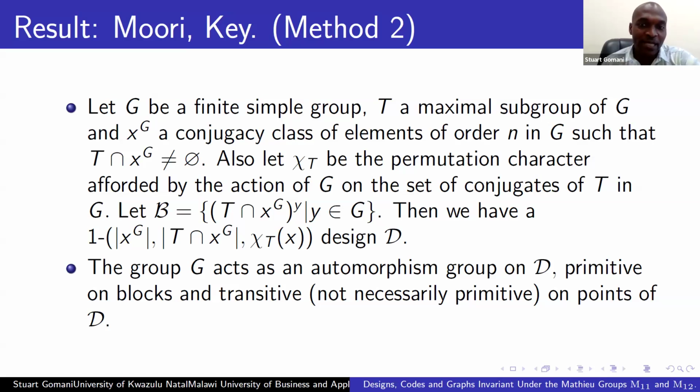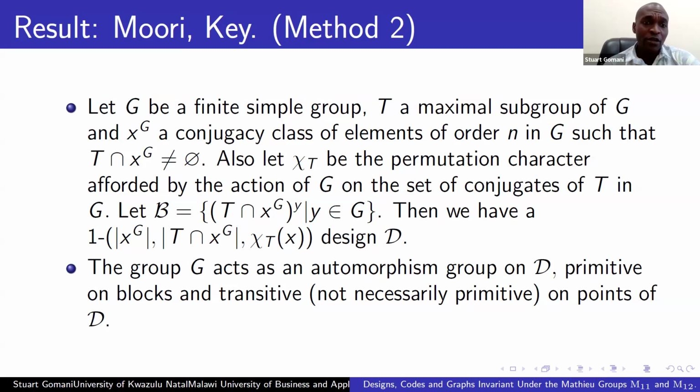Once we have that setup done, we say we have a 1-(v,k,λ) design, where the parameter v is the number of elements in the conjugacy class of elements of a particular order. The parameter k is the number of elements in a block of the design. And φ_T of x is the parameter lambda, which really is the permutation character afforded by the action of the group on Omega.